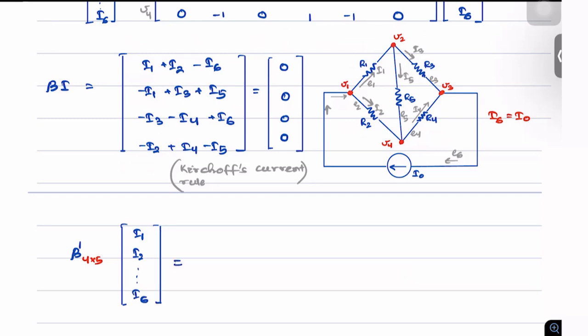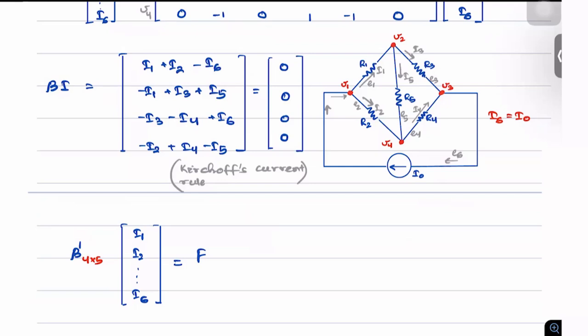So this expression will no longer be equal to 0 because of the relations that we have from here. If we evaluate, I1 plus I2 is equal to I0, hence we can simply write it as some constant, maybe some f here, which may or may not be equal to 0. Either way, the incidence matrices in both cases, B and B prime, allow us to study the current relation within the network.